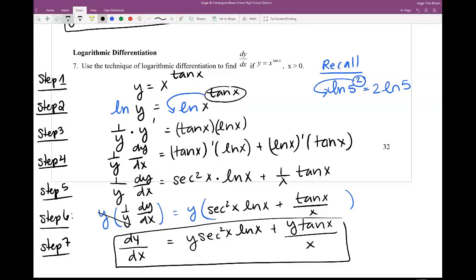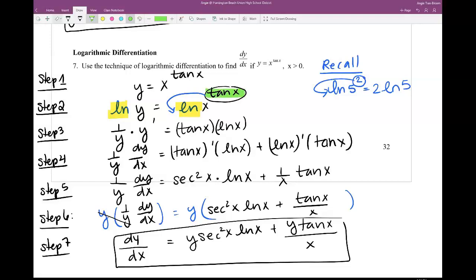Okay, so let's just recap really quickly. Using the technique of logarithmic differentiation to find the derivative, the most important piece is you always go in and compose natural log. Then another piece you need to know is that in natural log and log, if you have an exponent, it becomes a multiplication.